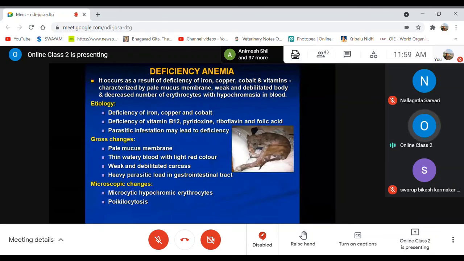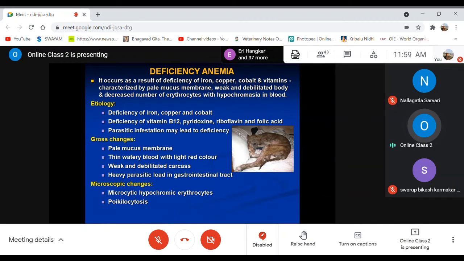The animal will be very weak and debilitated, and the carcass, when it dies of severe deficiency anemia, will look very weak, debilitated, and emaciated. Heavy parasitic load may be there, with an excessive number of parasites inside the GI tract.